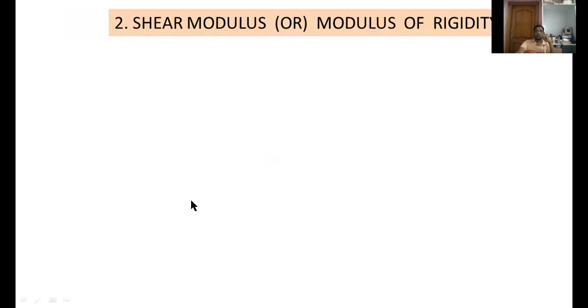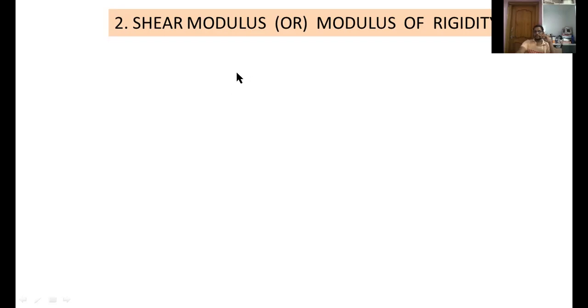Now coming to another topic, that is shear modulus, or modulus of rigidity. This modulus is useful to determine the strength of the shafts, that is, the rigidity of the shafts. This is a very useful property for determining the behavior of the shaft materials.